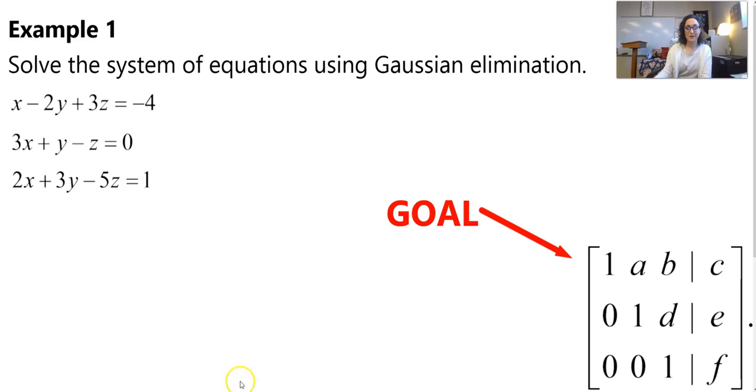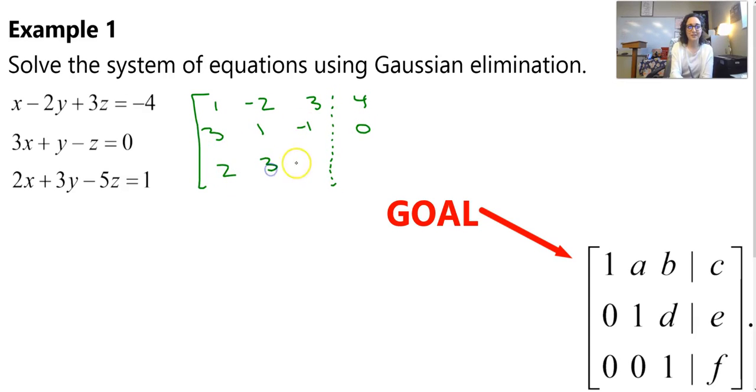Okay, now remember, we're first going to make this into a matrix, so let's do that. Let's go. 1, just grab your coefficients, 1, negative 2, 3, 4. Let's go ahead and do our augmentation here. And then 3, 1, negative 1, 0, 2, 3, negative 5, 1.